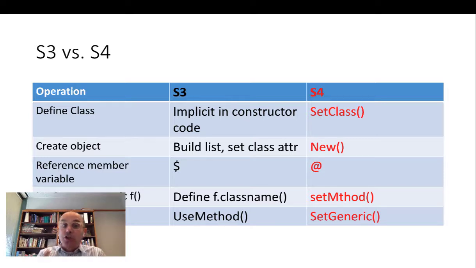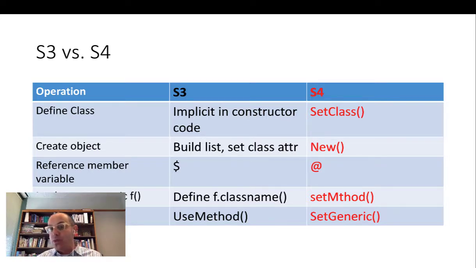It depends. So if I compare S3 to S4, to define the class, setClass is the S4 function. To create an object in S3, I need to build a list and set class attributes.